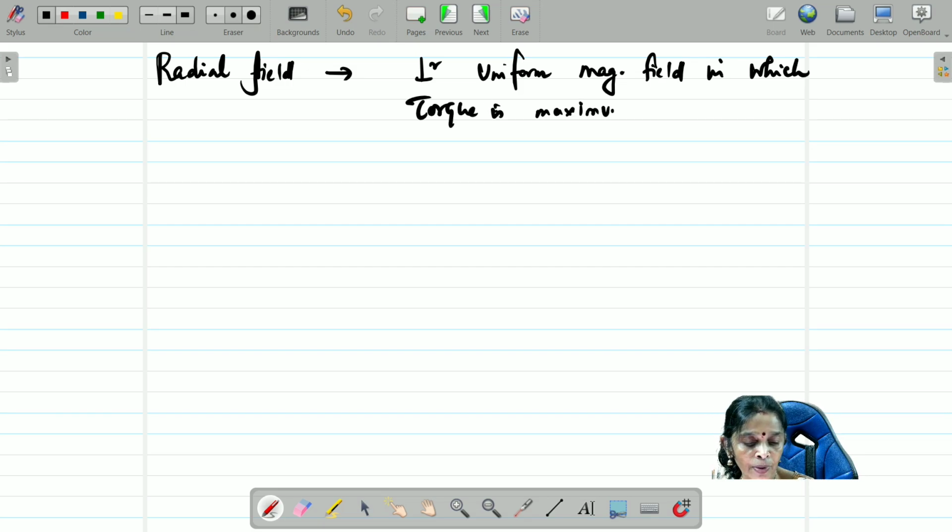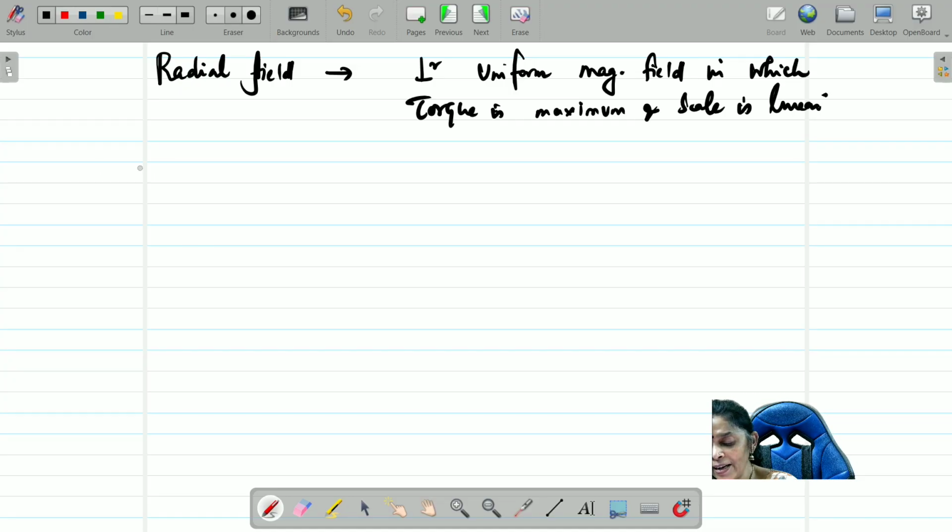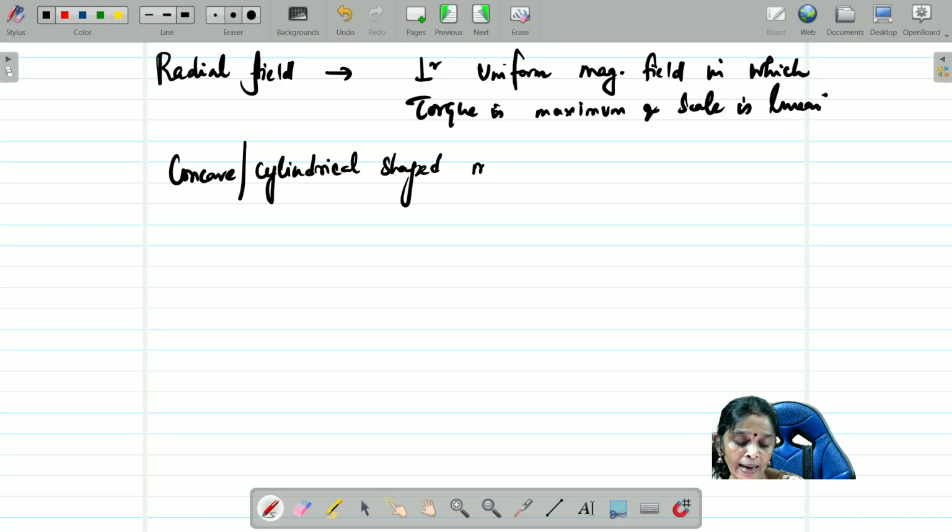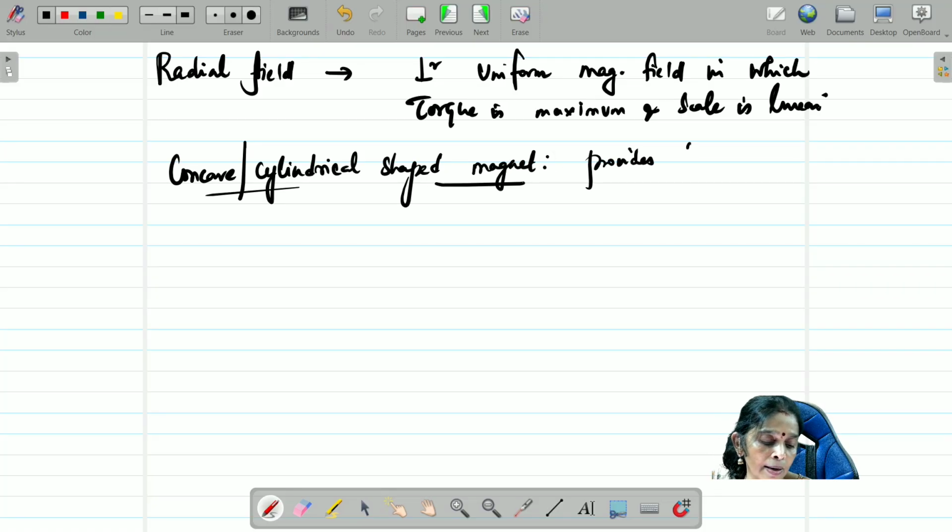How do you provide a radial field? Use a concave or cylindrical shaped magnet, or a horseshoe shaped magnet. When you use this magnet, it provides a radial field.